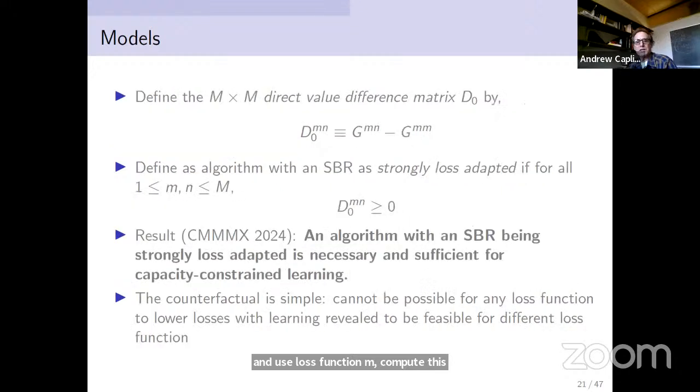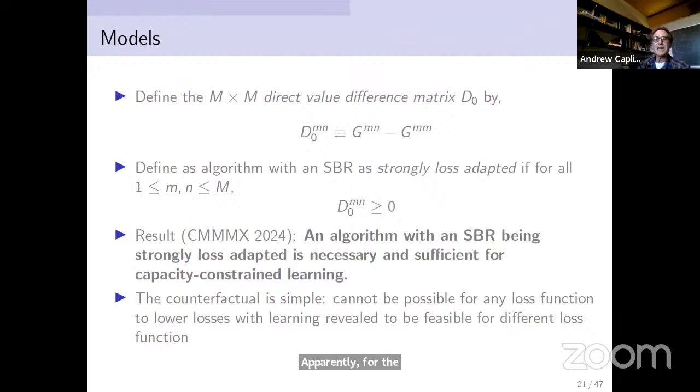Once you've computed this matrix, ask yourself if there was ever a switch that lowered losses. There shouldn't be if there is capacity constrained learning, because you could have used the revealed other learning apparently for this just as well.